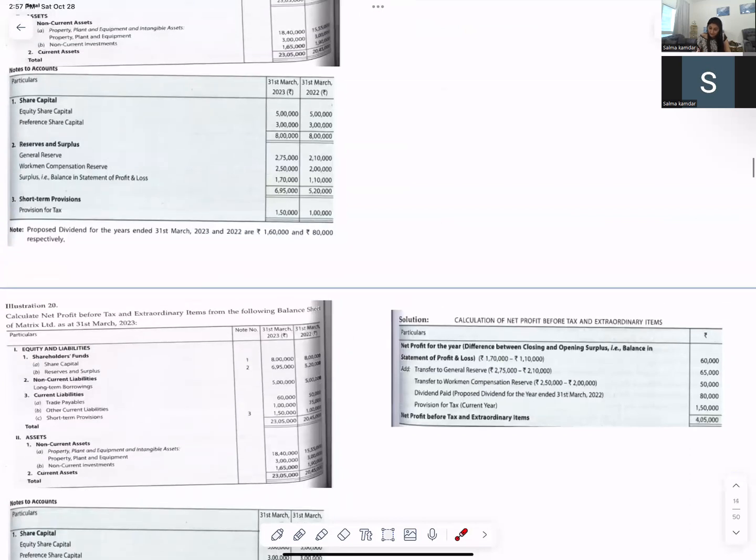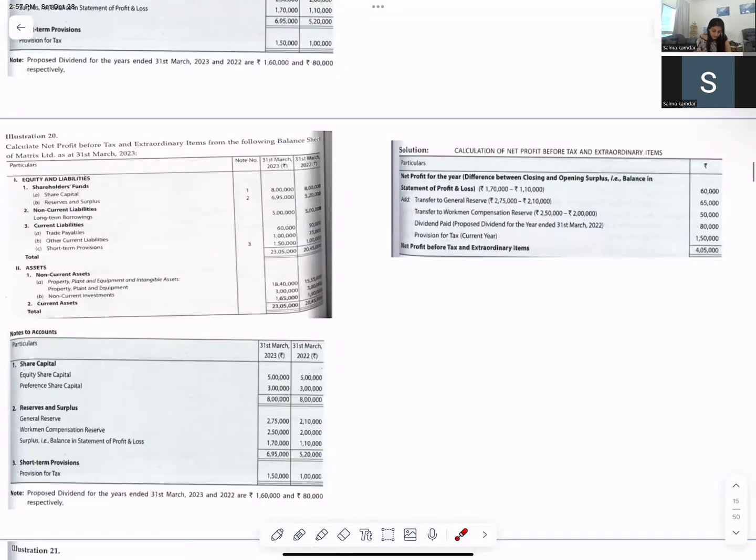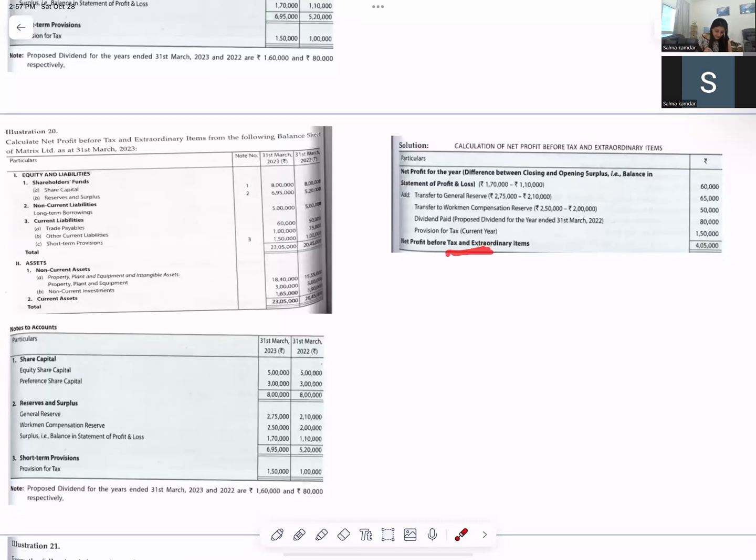That is your illustration number 20. You want to find your net profit before tax and extraordinary items. If you see over here, you have the reserves and surplus, you have share capital, you have long term borrowings, you have notes to accounts, you have reserves and surplus is 695 and 520.